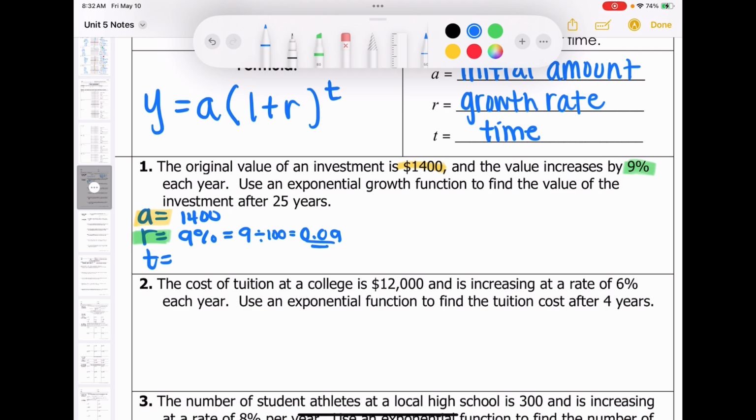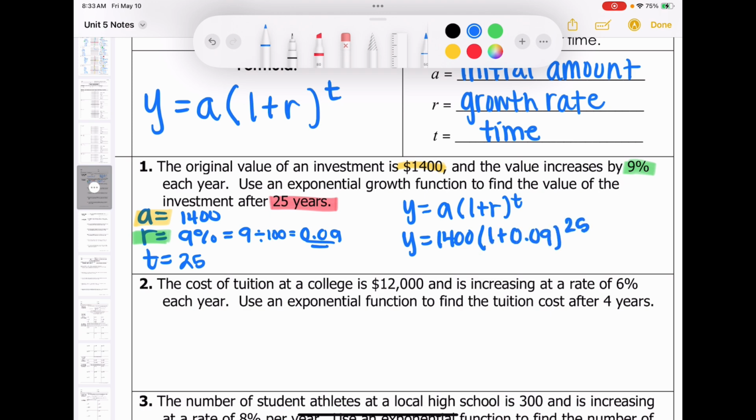And then t is time, which it tells us to find the investment after 25 years. So that's our time. So now I'm going to plug my values in. So for a, I'm going to put 1,400. For r, I'm going to put 0.09. And for t, I'm going to put 25.